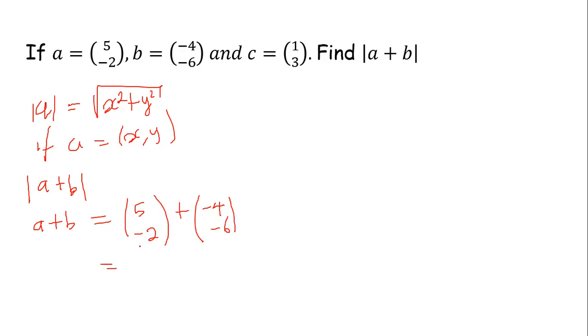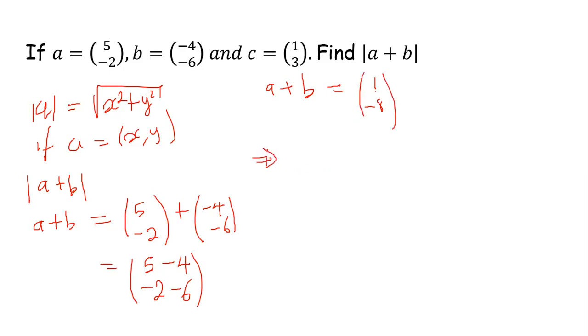It's going to give us 5 plus negative 4, which is the same as 5 minus 4. Then negative 2 plus negative 6, which is the same as negative 2 minus 6. So A plus B is going to give us 5 minus 4 is 1, negative 2 minus 6 is negative 8. So that will be our A plus B.